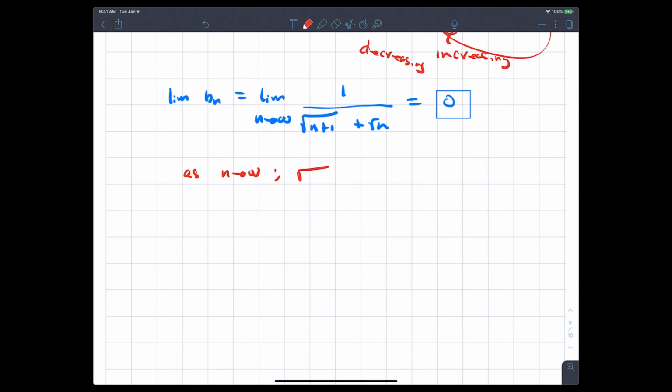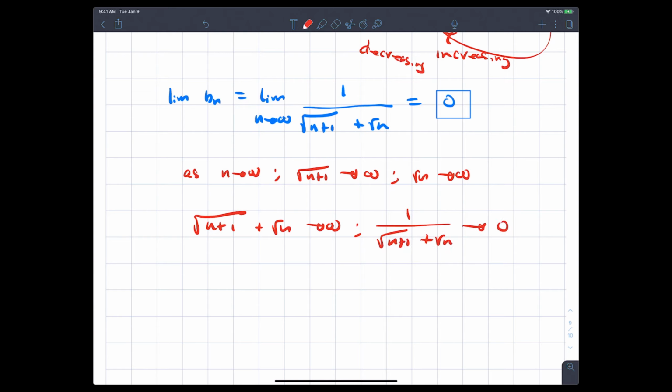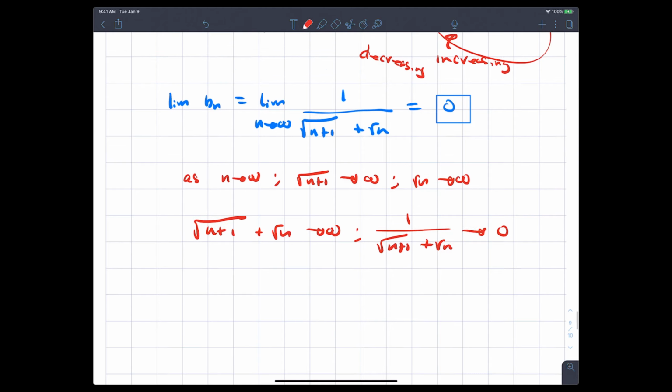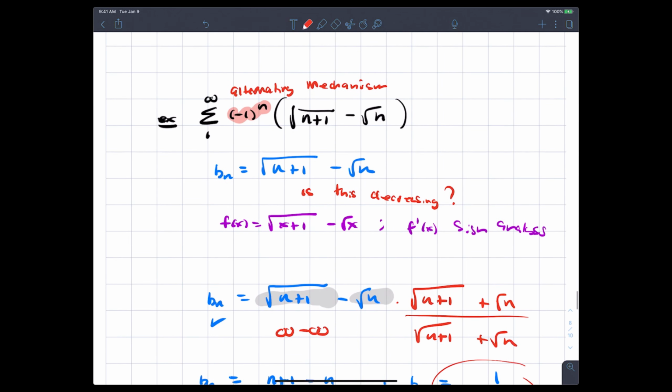The square root of n gets big, the square root of n plus 1 gets big, the sum gets big, but the ratio goes to 0. So that's how you evaluate those limits. And then you can say, by the alternating series test, we have divergence.